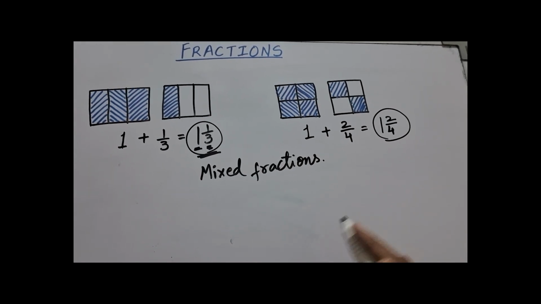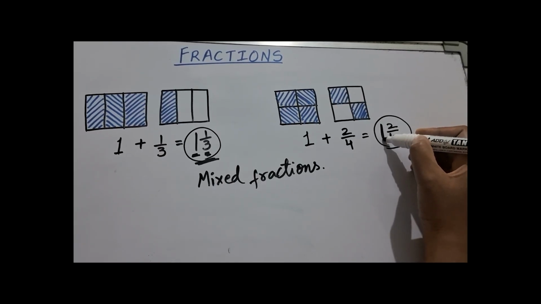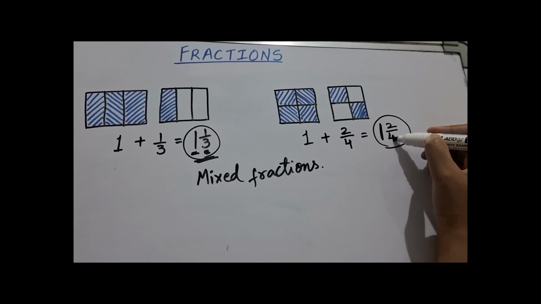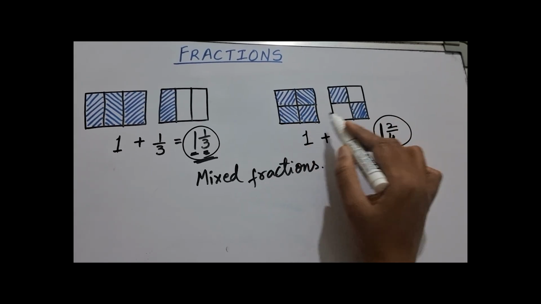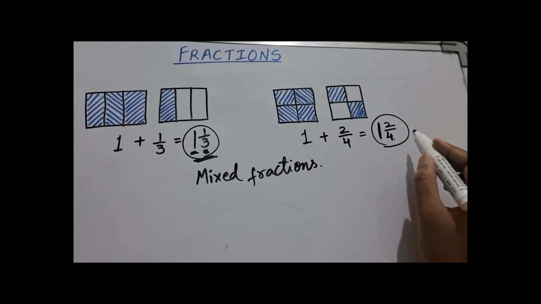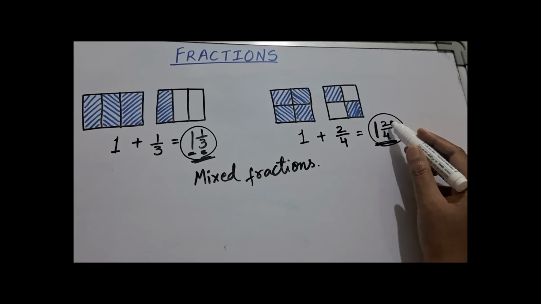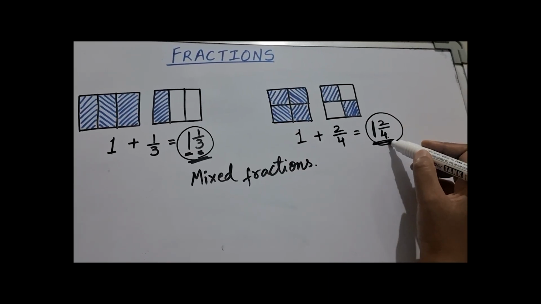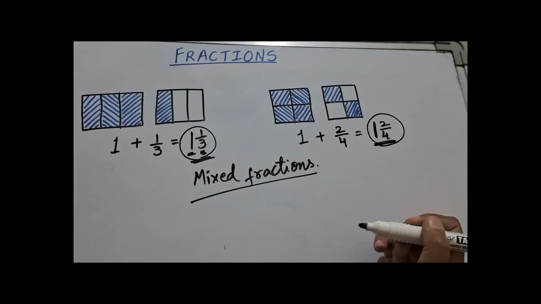Okay children, here we can observe that 1 is the whole number, the whole thing, and this is one proper fraction, isn't it? The combination of one whole thing and a part of a whole thing, this type of fractions are called mixed fractions.